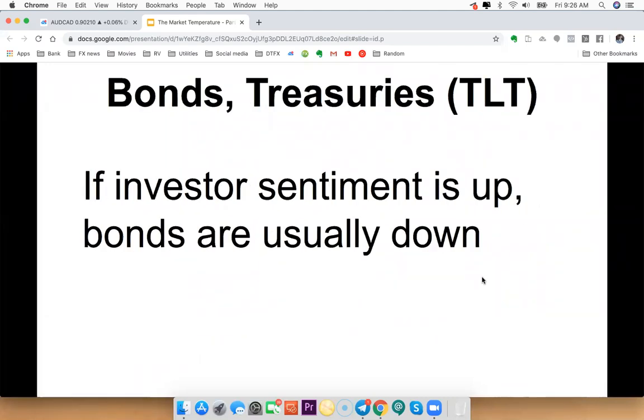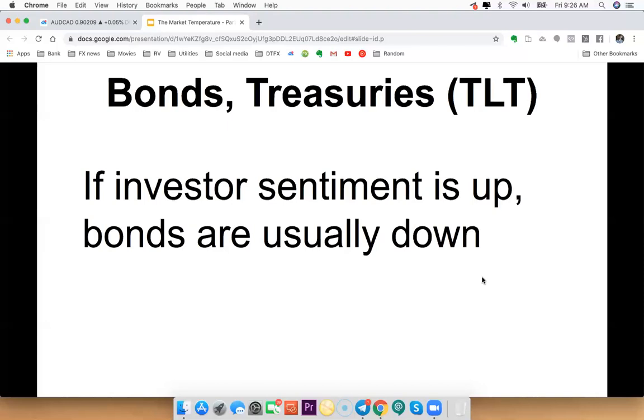We're talking about bonds and treasuries. The number one chart that I look at is TLT. If investor sentiment is up, bonds are usually down because bonds are considered a safe haven type investment. And there's a lot of things to talk about with bonds as well, about how they react to short and long-term interest rates and so on.